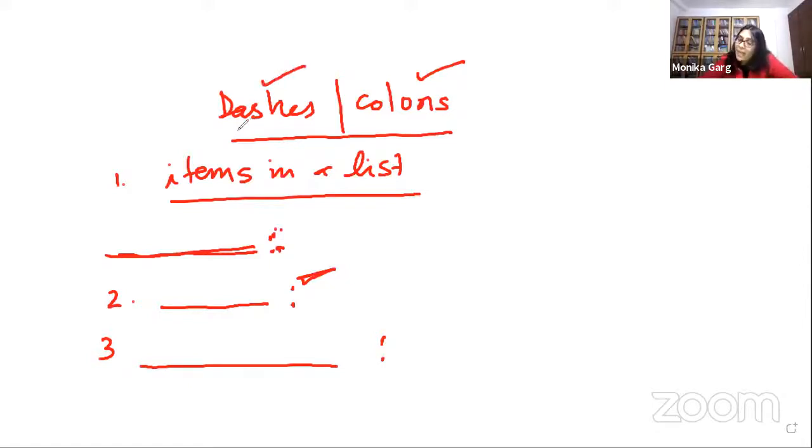Now coming to dashes, you can use dashes for items in a list. You can also use dashes wherein you've got 2 independent clauses where the second gives explanation of the first one, and you can also use a dash wherein you have 1 independent clause and then you're putting a word to sum it up or summarize it.